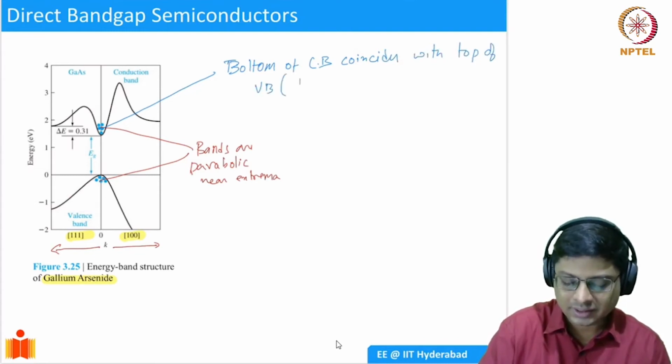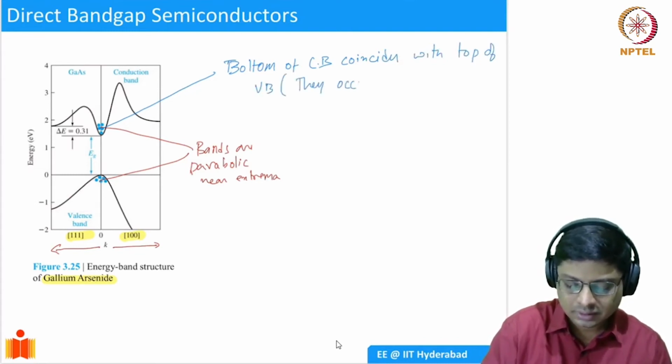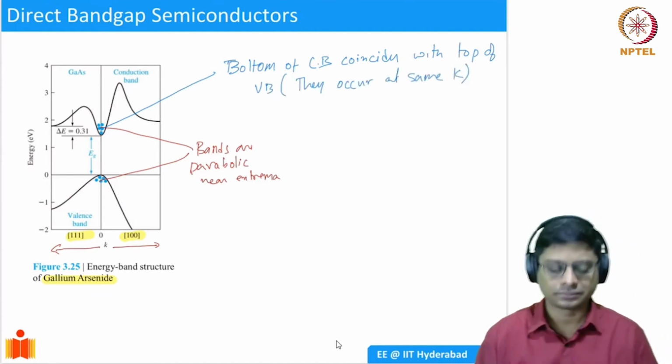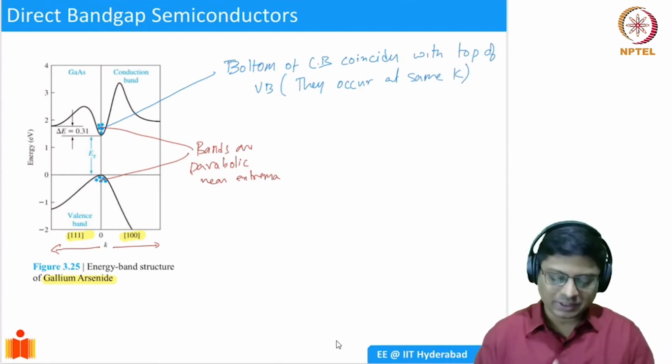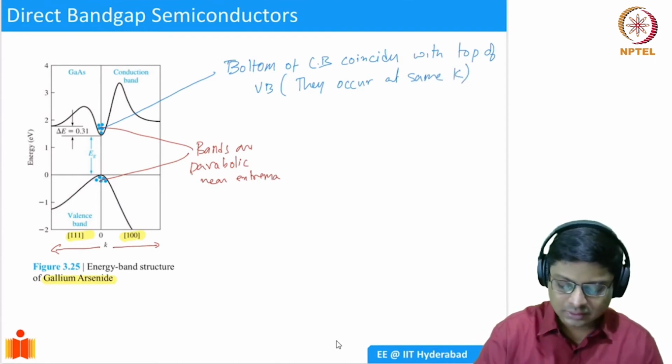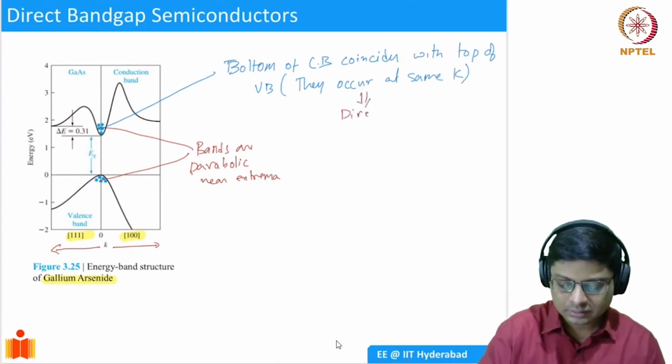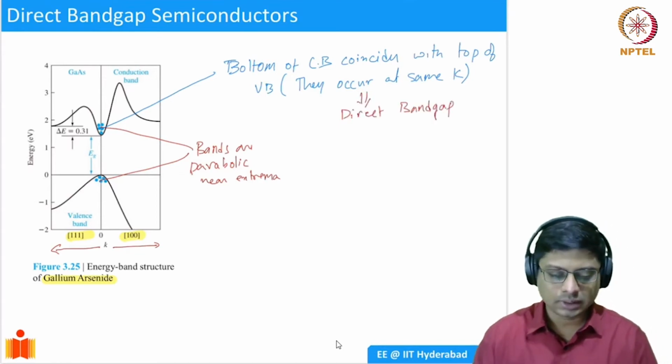I mean, they occur at the same K. This is important. Whenever this happens, we call it a direct band gap.